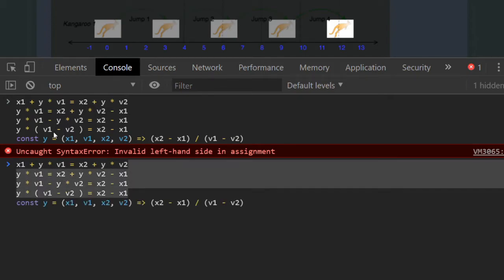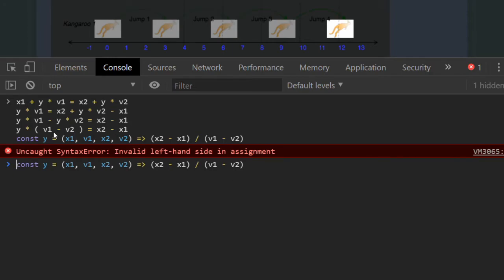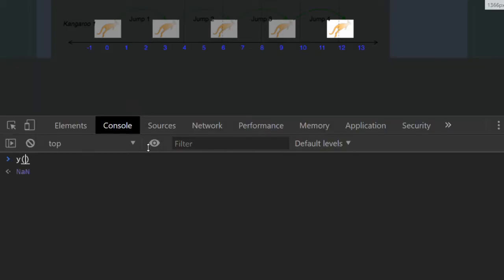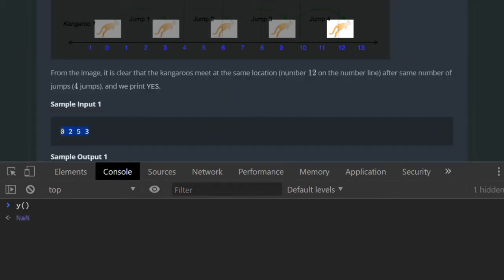Okay, so we have y. This is the number of jumps. Let's test it on the examples that they provide. So 0, 3, 4, 2 gives us minus 5.